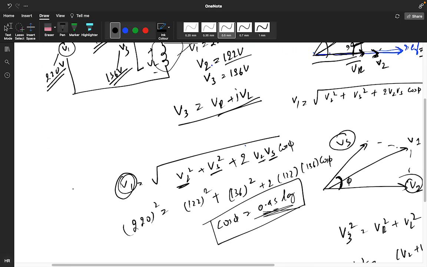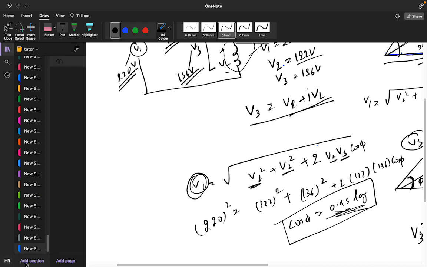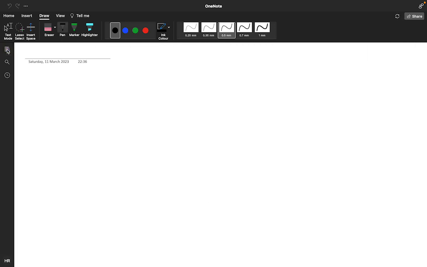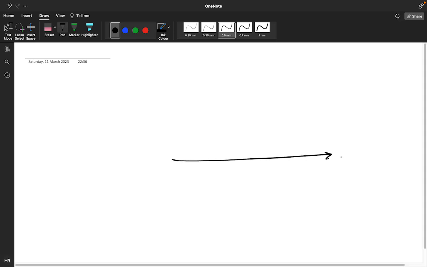Yeah. See, this is very much important, how we are drawing the phasor. It's very much required, let me tell you once again. This is your reference point. Here we have one resistor, and here is the combination of resistor and inductor.